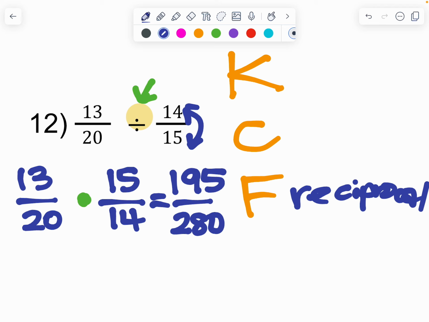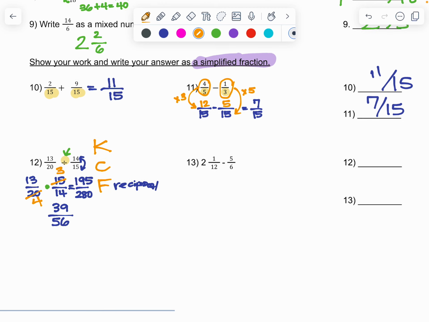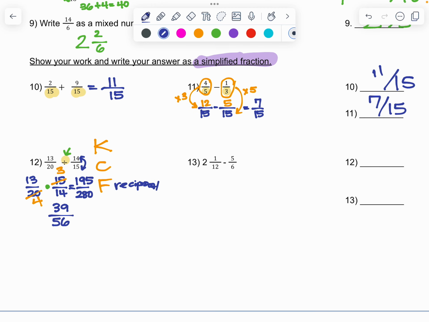So 5 goes into 195 39 times. And 5 goes into 280 56 times. Here's an easier way to do it. 5 goes into 15 3 times. 5 goes into 20 4 times. That would have taken me straight to the answer already simplified. All right, let's write our answer over here. 39 over 56.